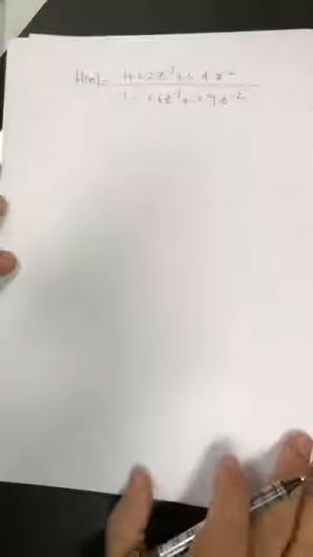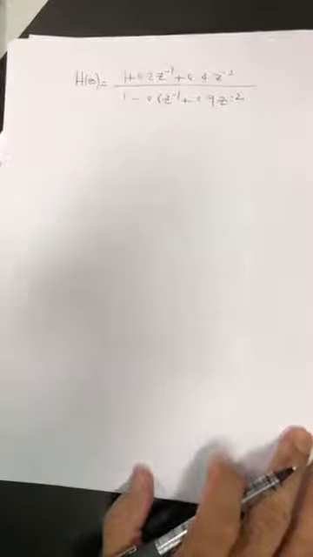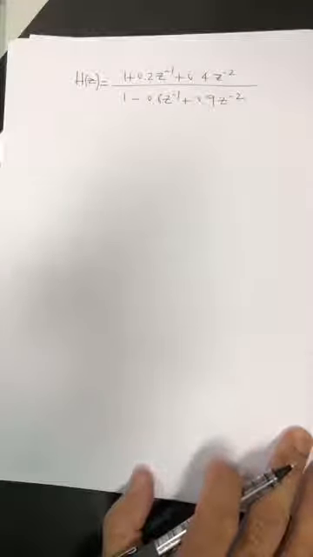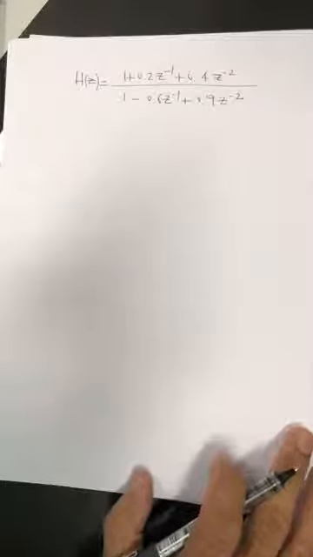Okay, and it may have higher order, but this is a second order transfer function. And you may be asked to implement this using direct form 1, direct form 2, transpose direct form 1, transpose direct form 2. Okay, you may be asked these questions.